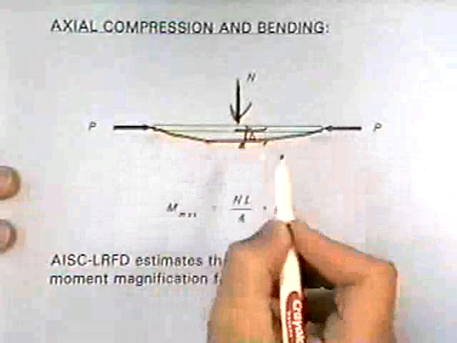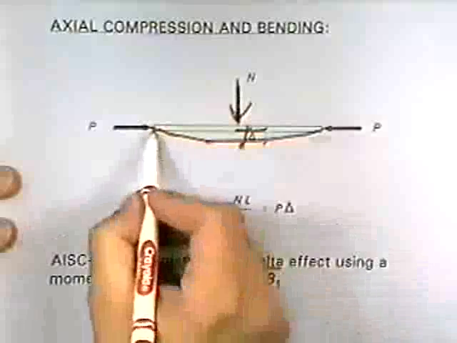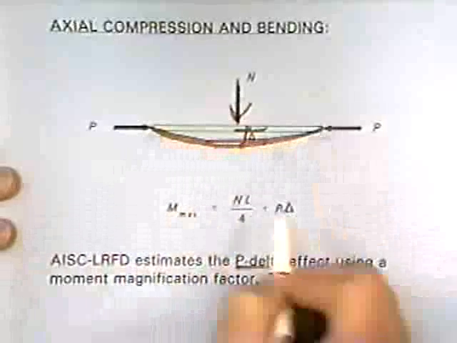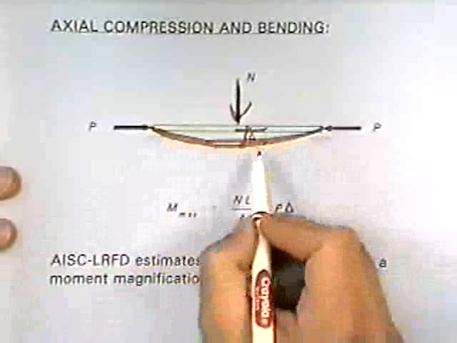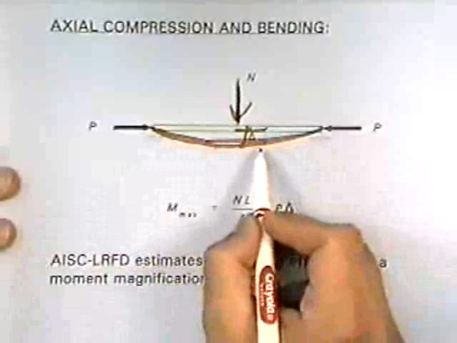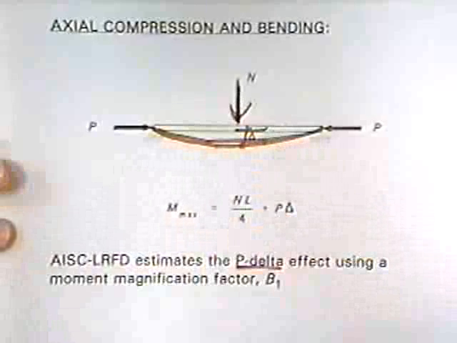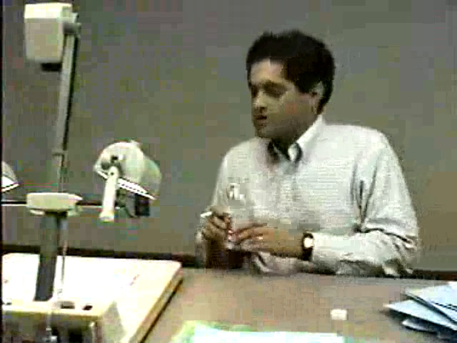It's what we call a second order effect, or a P delta effect, and the beam deflects a little more because of that. What we say we get is a moment magnification due to this P delta effect. So we're going to have to throw another factor into the equations.